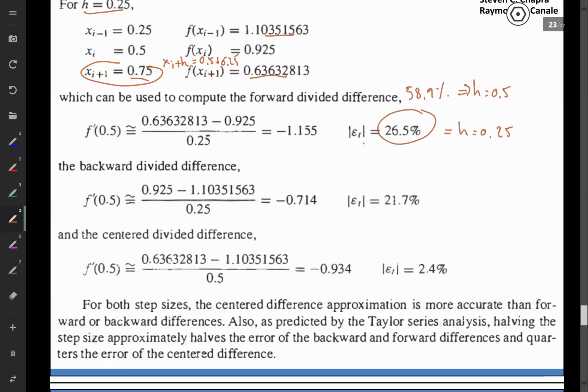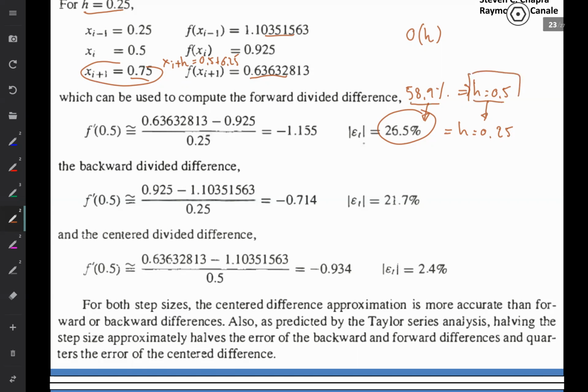Okay, so you see that this can be explained by the truncation error of O(h). So when h is reduced to 0.25, the error is reduced linearly, same as h, right? Approximately linearly. The error is reduced by a half, very close to a half of the error when we apply h equal to 0.5, right?